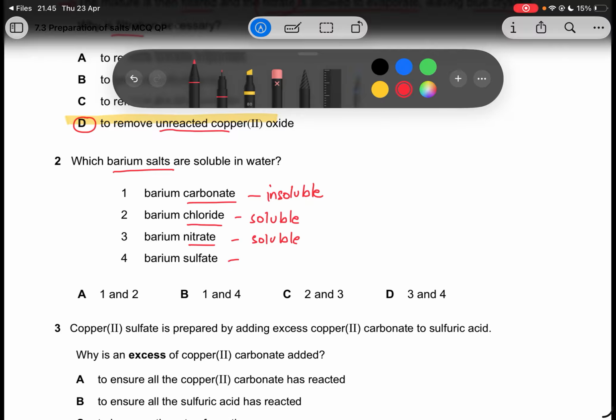And in sulfates, most of them are soluble except for barium, aluminum, and lead. So barium sulfate is insoluble. Therefore, the solubles are barium chloride and barium nitrate. So the answer is letter C.